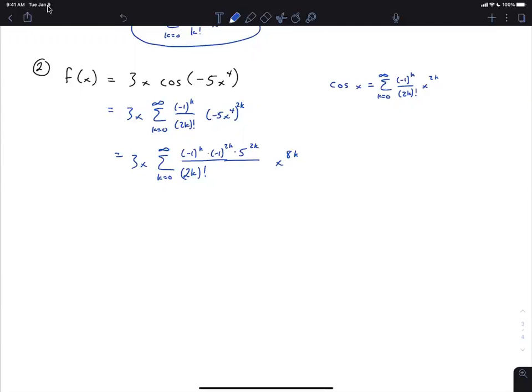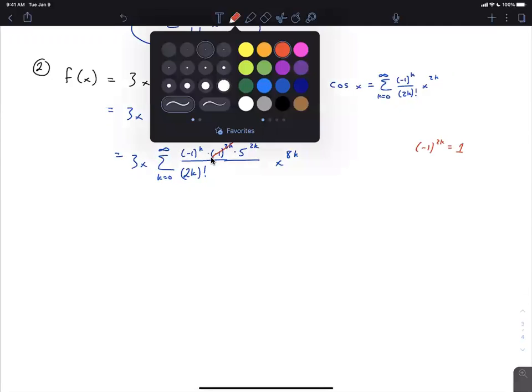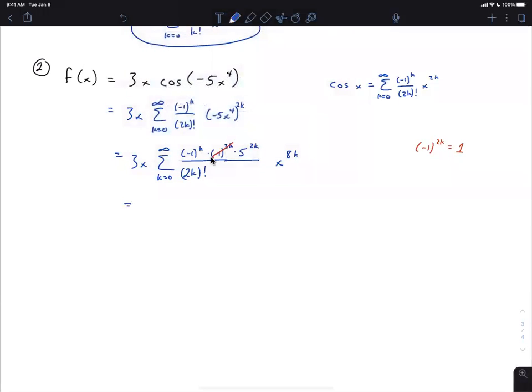All right. Now, negative 1 to the 2k actually cancels because 2k is always even. So negative 1 to the 2k is 1, so we can get rid of that. Now we're going to distribute the 3x in. So the 3 goes to the top of the fraction. We get negative 1 to the k, 5 to the 2k times 3 over 2k factorial.